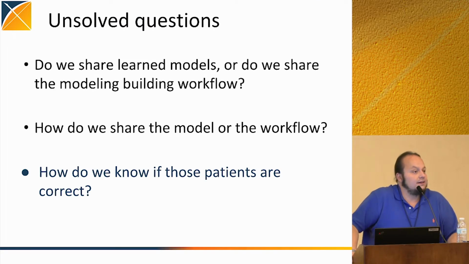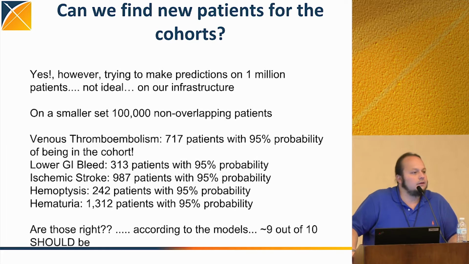I have a question. Can you go back to the previous slide? Can we interpret the 17 patients with venous thromboembolism who were not identified by the rule-based phenotyping, but were identified by the probabilistic phenotyping, as an indicator of miscoding in the administrative database?